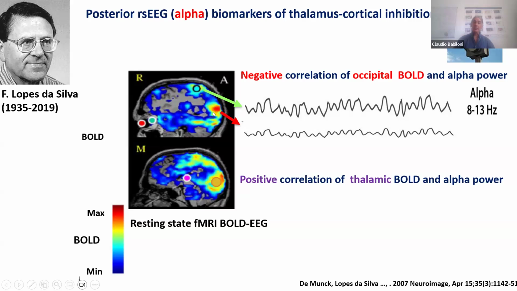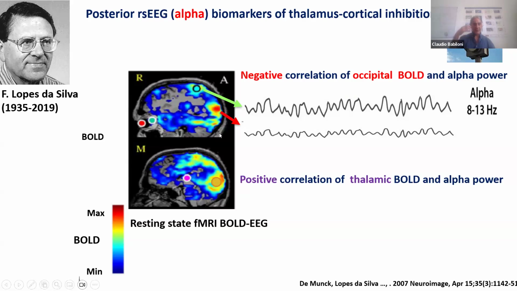In other words, when there is an increase of oxygenated blood in a specific place of the cerebral cortex, you have a change in the ratio between the oxygenated hemoglobin blood, an increase when compared to the part of the blood which is poor of oxygenated hemoglobin.